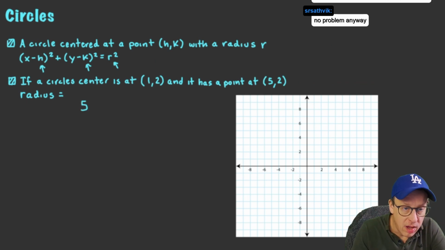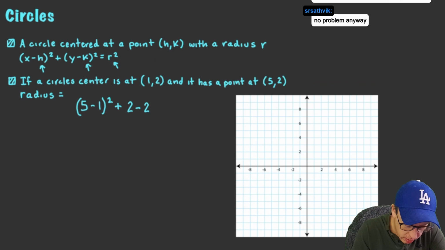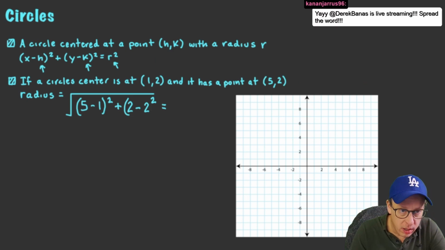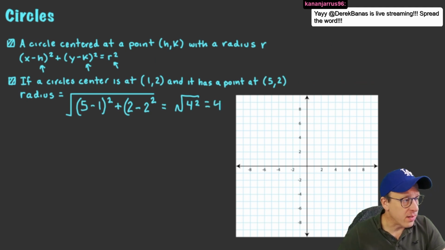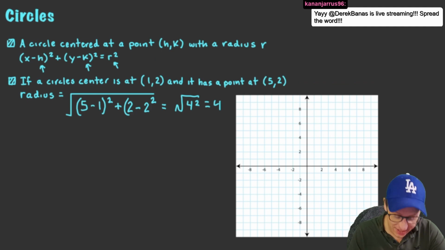So we can have 5 minus 1 squared plus 2 minus 2 squared. And then we're going to get the square root of this right here. We can put that in there. And this is going to end up being equal to the square root of 4 squared, which is going to be equal to 4.